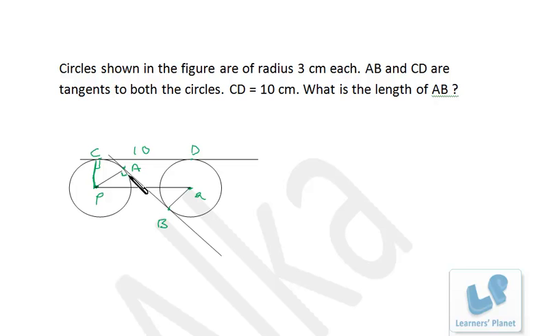Now this angle is 90 degrees. This angle is 90 degrees. This length is 3. This length is also 3, because both the circles are of radius 3 centimeters. So PA is radius and QB is radius, right?